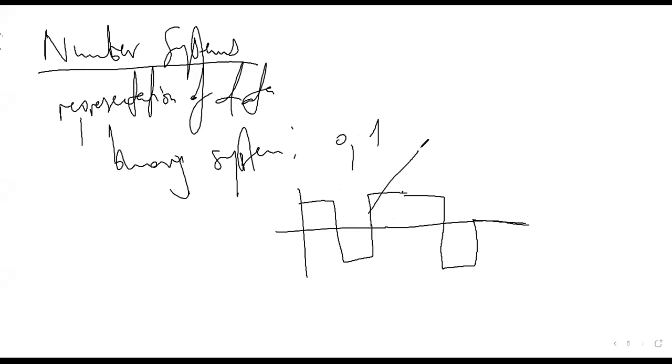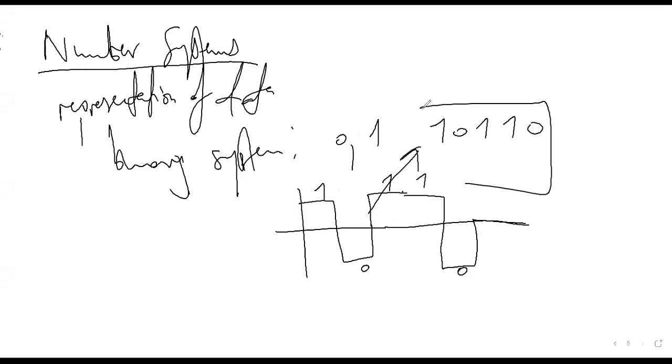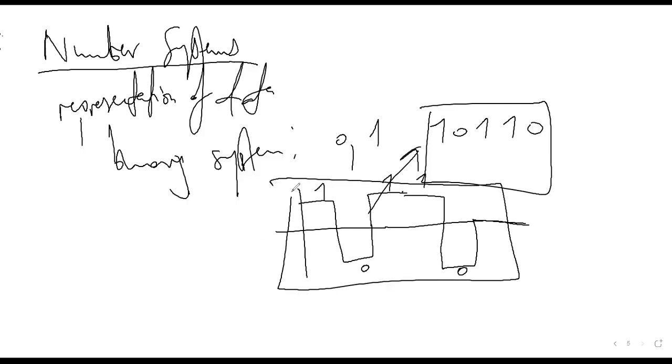This signal can also be represented as 1, 0, 1, 1, 0. This is a 1, this is a 0, this is a 1, this is a 1, this is a 0. This is the binary system of representing data.